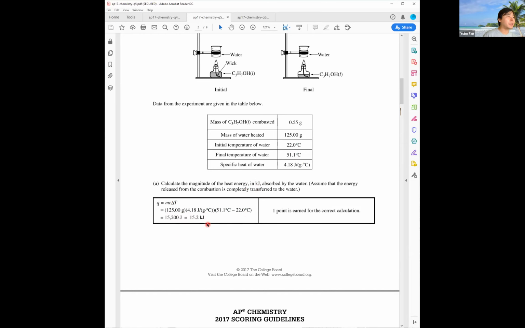And double check the significant figures: 5 for mass, 3 for specific heat, and also 3 after the subtraction. You double check. There are 3 significant figures, so you can have 3 significant figures here.